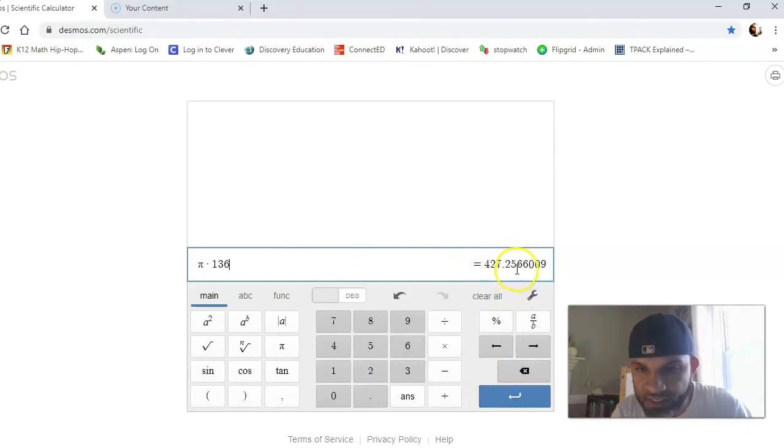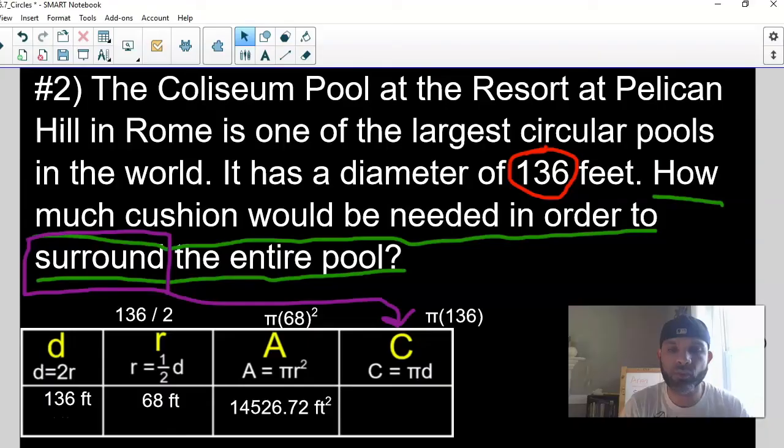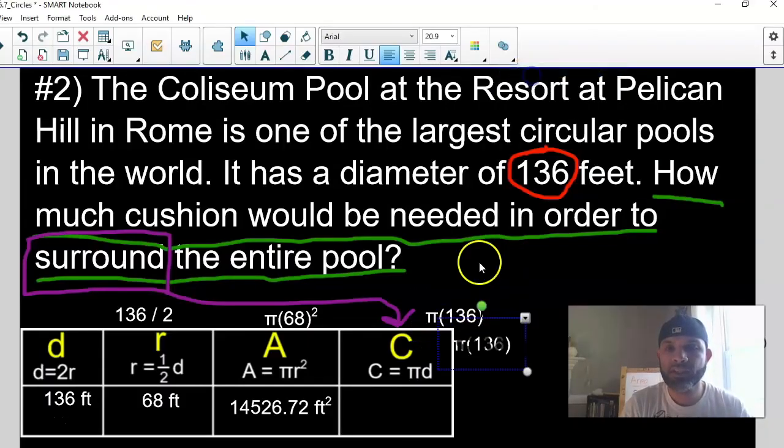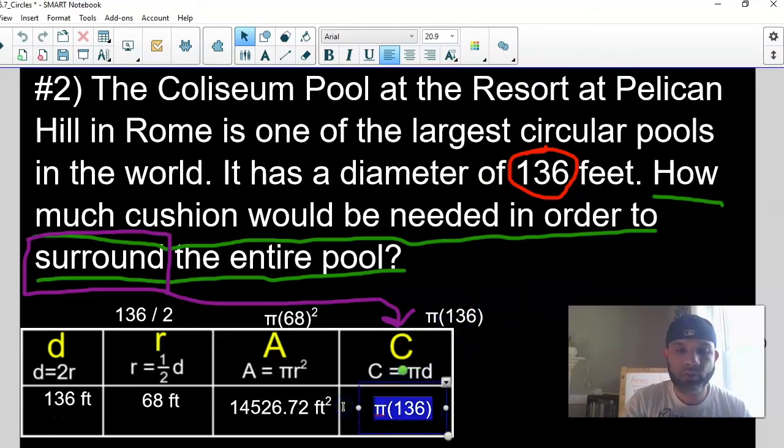So that 6 next to the 5 tells us it's going to round up. So it's 427.26.